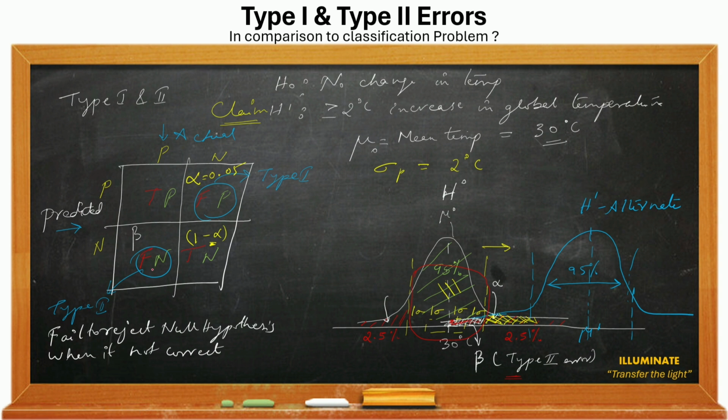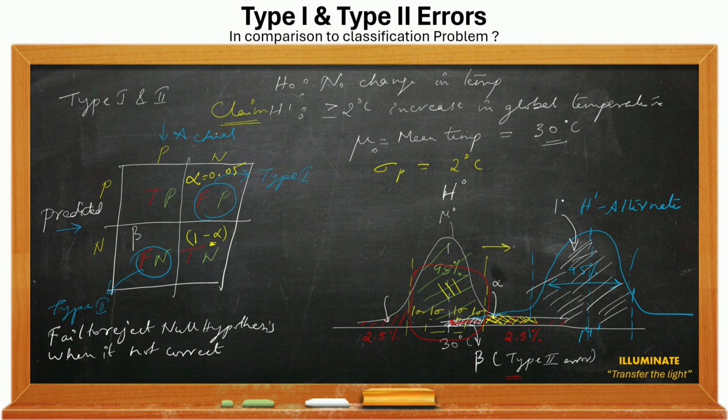Then what is true positive? Very easy again. Positive is our claim. The claim is that the temperature has increased by 2 degrees Celsius. So let's switch back to white. This is our claim, the alternate hypothesis, that there is a temperature increase of 2 degrees Celsius. That is positive. We are correct in saying that, so true positive.